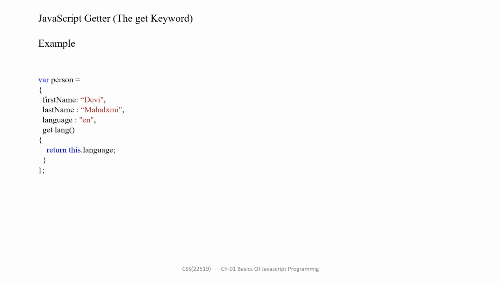We'll see one example of the get property, using the get keyword. Here is a variable, that is person. We have created an object here. First name is equal to Devi, last name is equal to Mahalakshmi, and language is equal to EN. EN means English language.